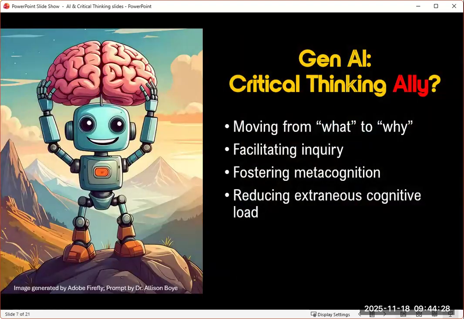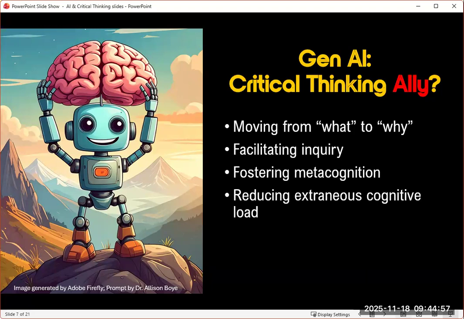So believe it or not, research is also showing that interacting with generative AI in meaningful ways can actually help cultivate good critical thinking skills. Gen AI can offer some significant potential to support and cultivate critical thinking skills and disposition when integrated through structured, intentional strategies, right?